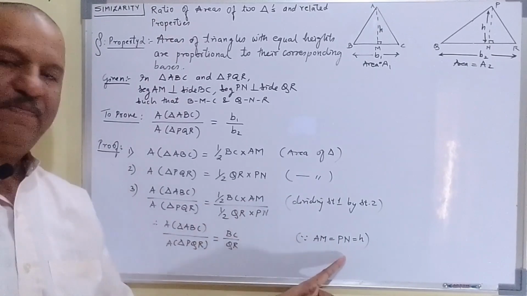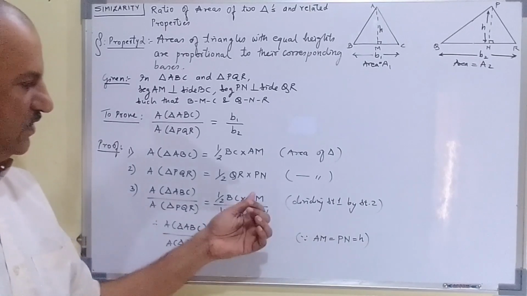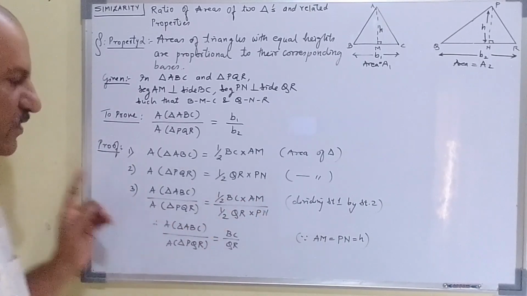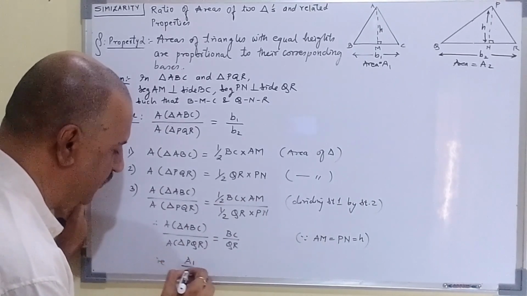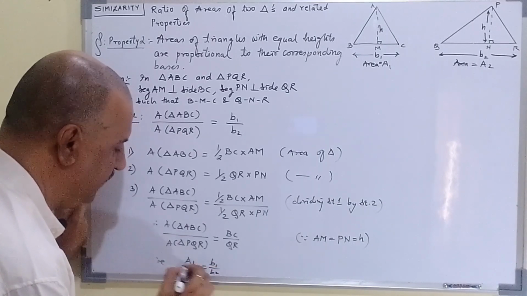AM and PN are equal in value, that is H is constant, so height gets cancelled out. What is left? BC upon QR, that is A1 upon A2 is B1 upon B2.